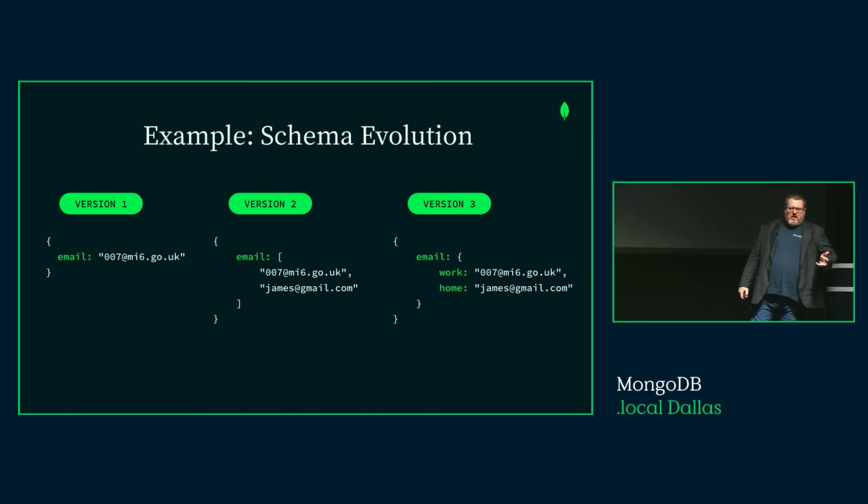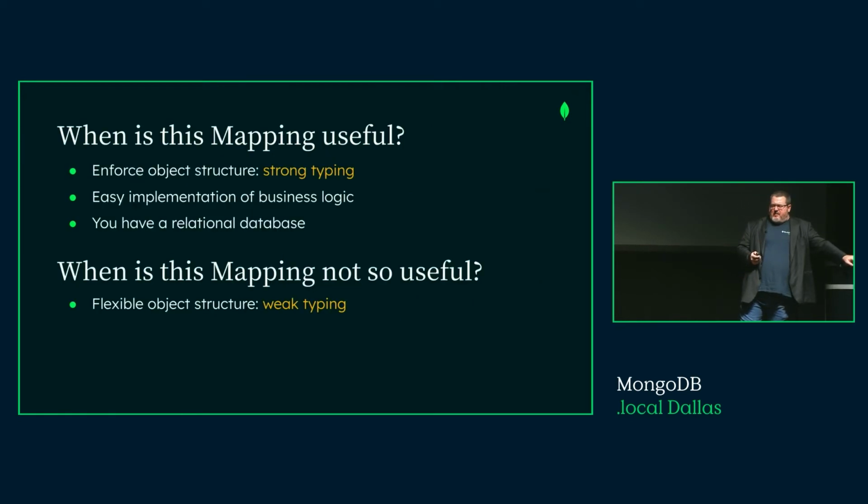Work, home, it could be other key value pairs. We could change this evolution of the schema a lot of times. The great thing about using the BSON document type and not going with strictly typed POJOs in Spring is that we can adapt to this very easily. We can implement a schema design pattern, or versioning pattern, sorry, and be able to handle this in a very evolving way.